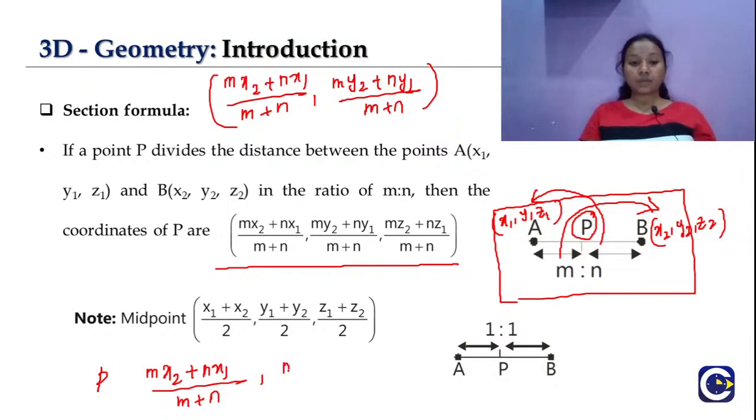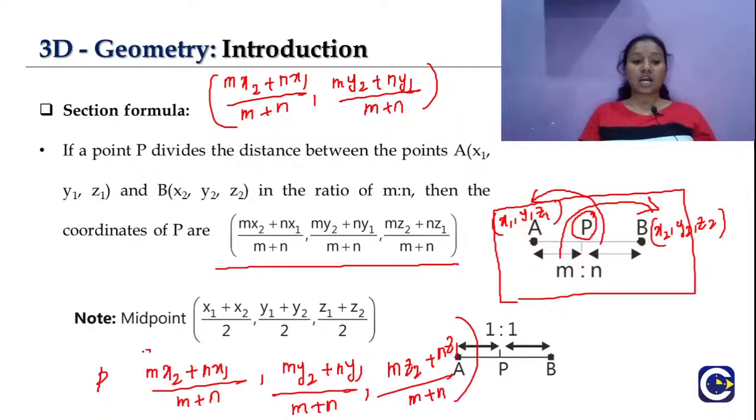And for y, it will be my2 plus ny1 by m plus n. Similarly, the z coordinate is added here. So it will be mz2 plus nz1 by m plus n. So these three are the coordinates of the point P, which divides the two points A, B in the ratio of m is to n internally.